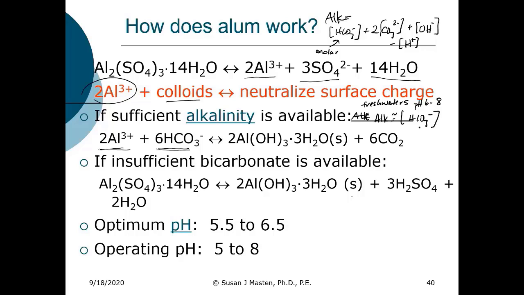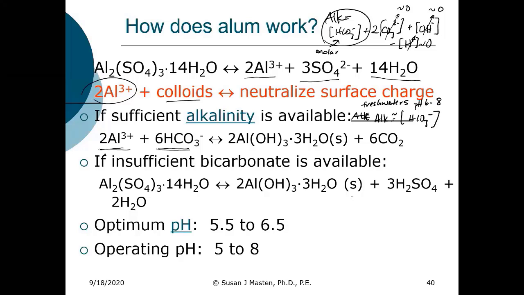That's because the hydroxide and hydronium concentrations are small, as is the carbonate. Those concentrations are all much smaller than the bicarbonate, so we can say that the alkalinity is approximately equal to the bicarbonate.